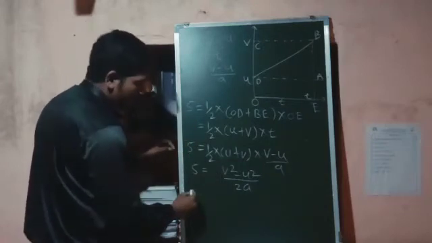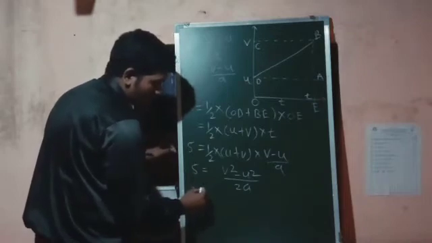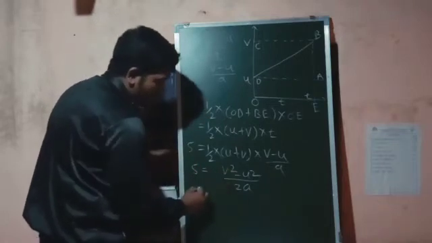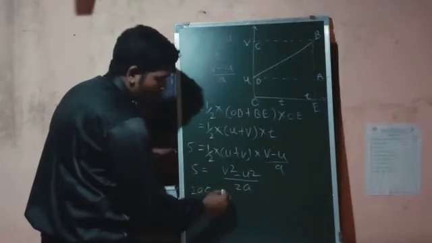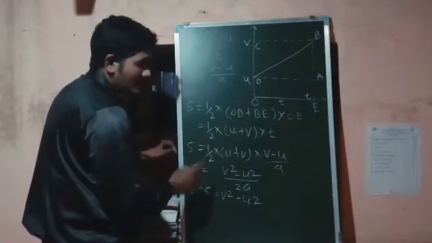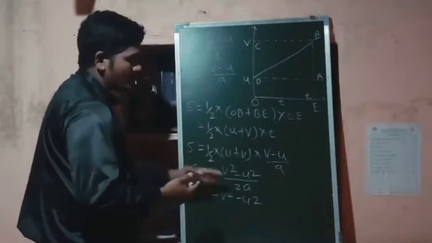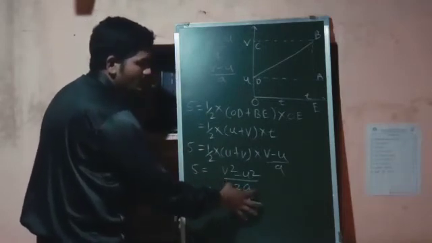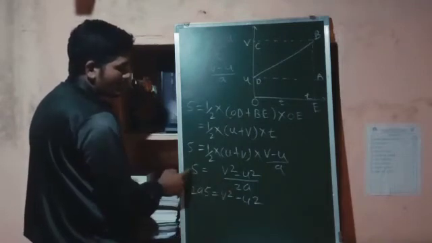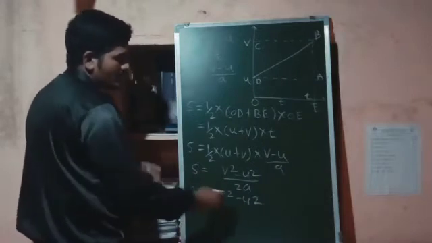Then we can write 2as is equal to V square minus U square. This is the next modification, written in another form. This 2A from the denominator we have taken to this side of the equality sign, so it will be multiplied. 2as is equal to V square minus U square.